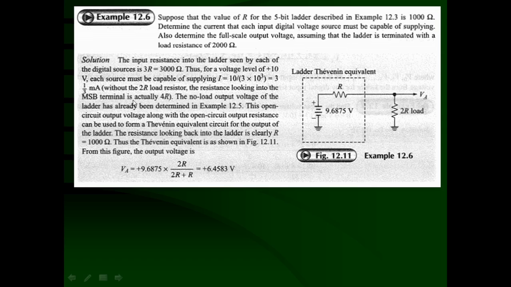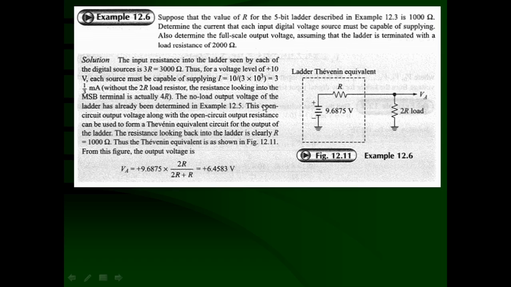The resistance looking into the MSB terminal is actually 4R, because 2R towards the MSB and 2R towards the terminating resistance. So the total resistance seen by the voltage source is 4R. But with this load, the resistance is going to be 3R only.